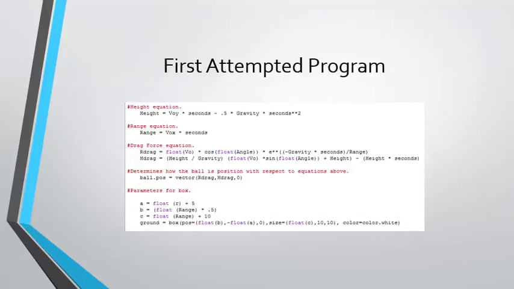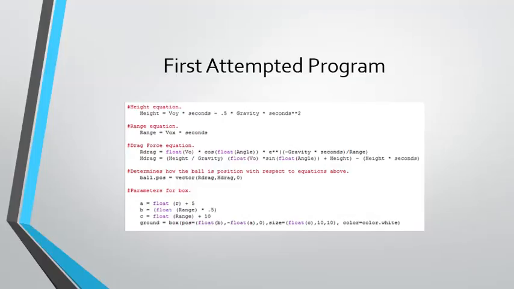So this is our first attempt at the air drag program. Here we tried to use the same height and range equations from our previous program, but as you can see, with the drag force equation set up, we tried to keep those two components separate.